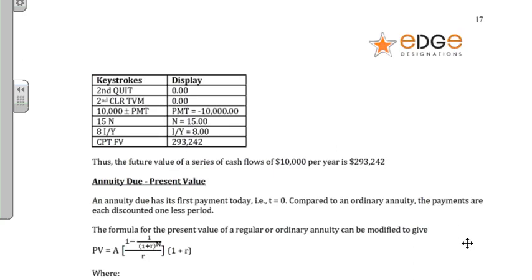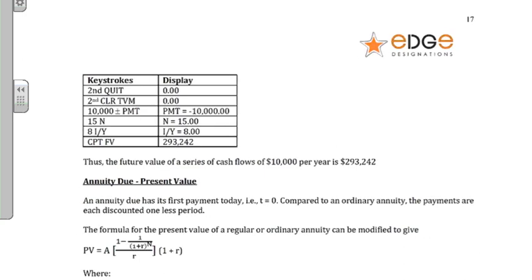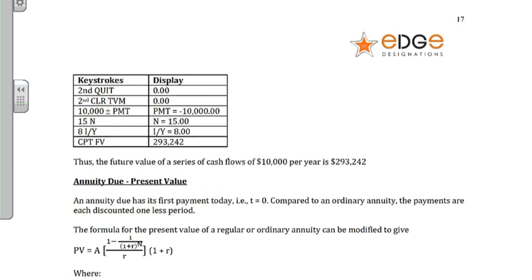Look what I do over here, guys. Top of page 17. We do all of our calculations, and I run the calculations that are quite simple. Payment is $10,000 per year for 15 years at an 8% interest rate, and the future value is $293,242.